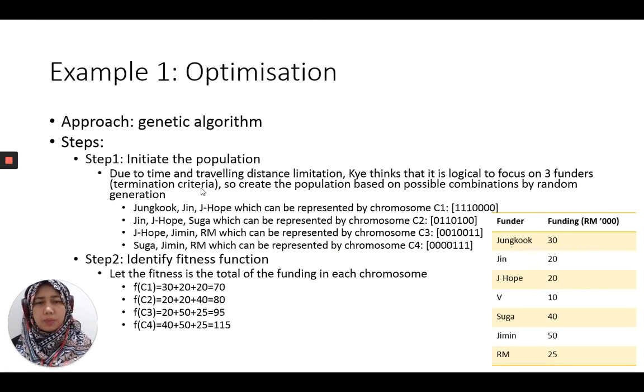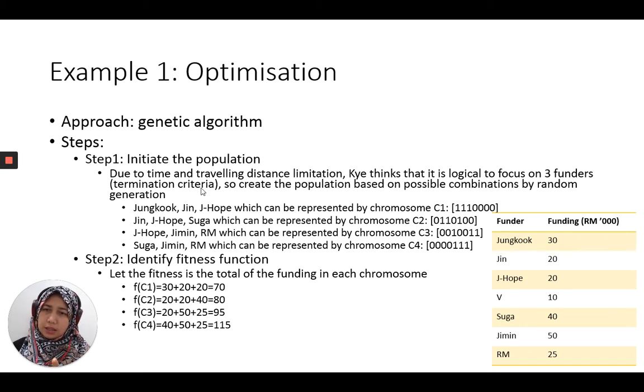Assume that there are challenges such as logistics and also time and the probability to meet each of the funders to pitch. So this is an optimization problem to identify the best combination.